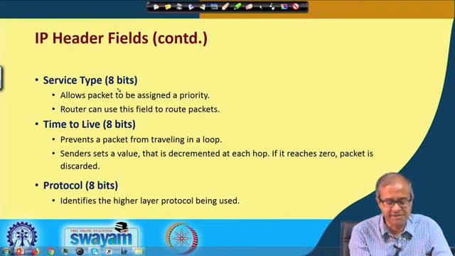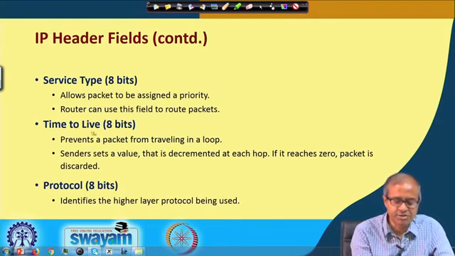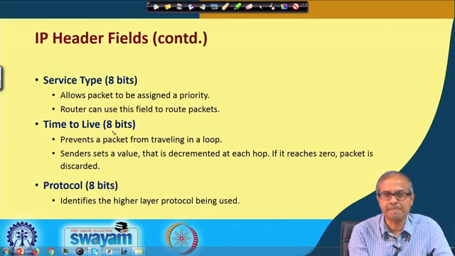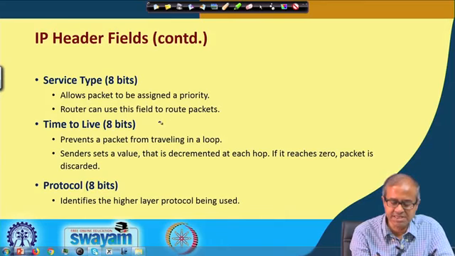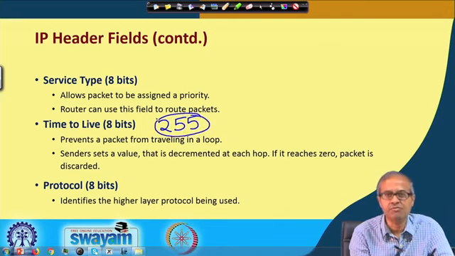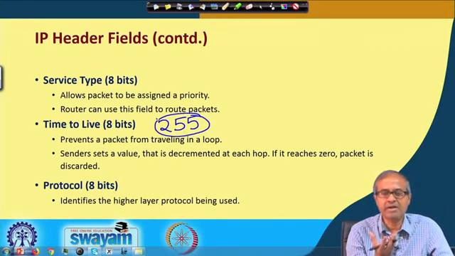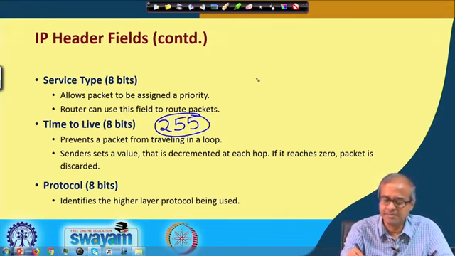Now, there is another very interesting field, this is called time to live. This is an 8-bit field. An 8-bit field means you can have a maximum value of 2 to the power 8 minus 1, which is 255. This can be the maximum value. What does this field contain? You see, you think of a network.